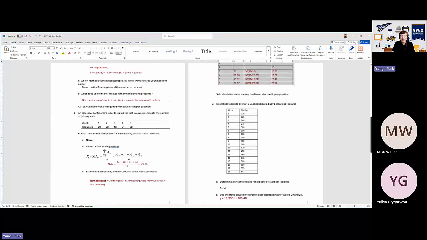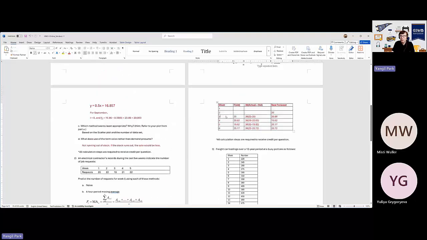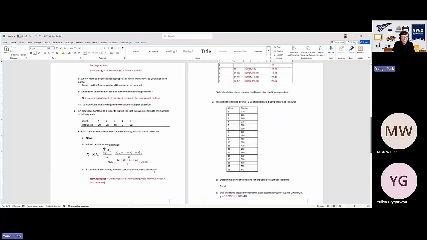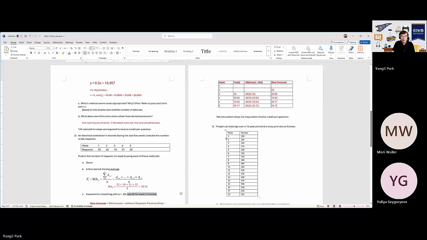The reason I started with week 3 is the prompt says use alpha 0.4 for week 2. Meaning that for week 1 and week 2, we don't have to calculate, right? If it was use alpha for week 1, then you start from week 2.